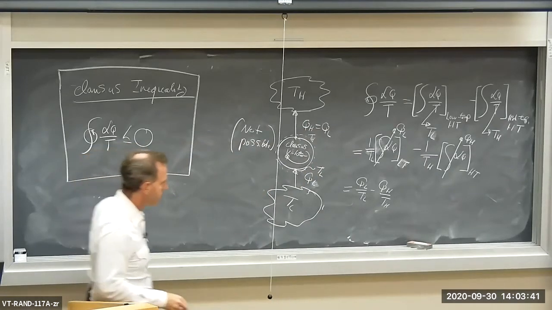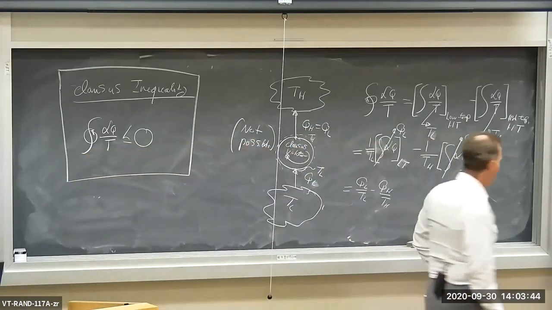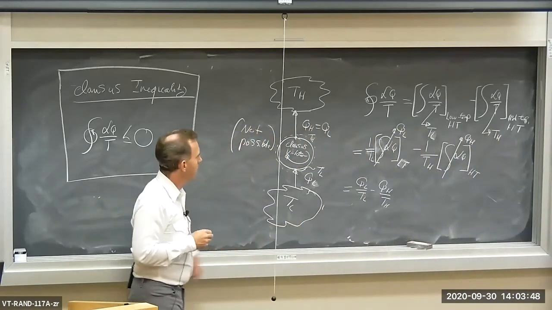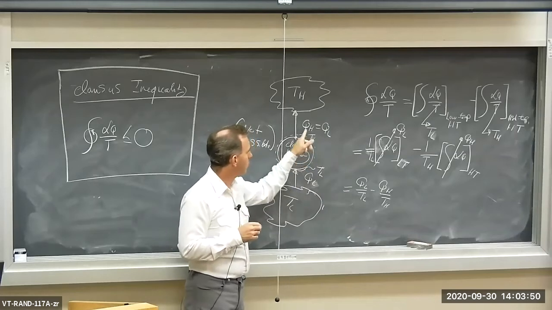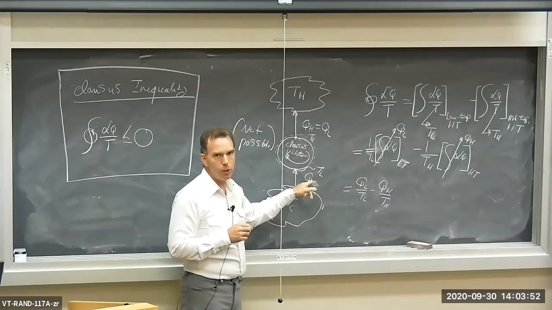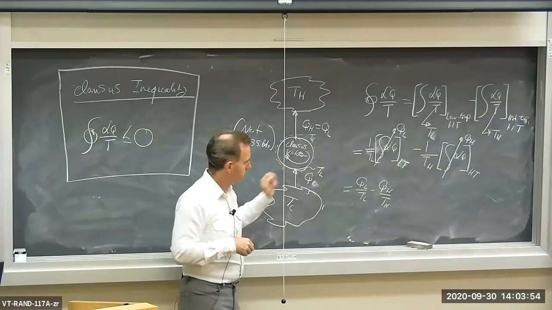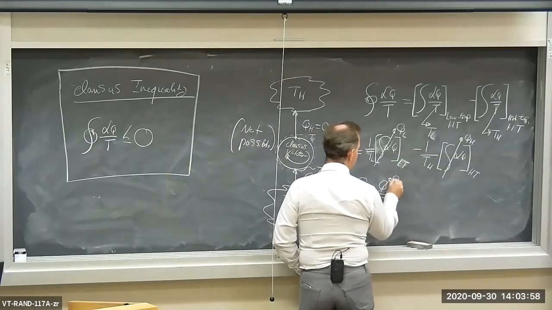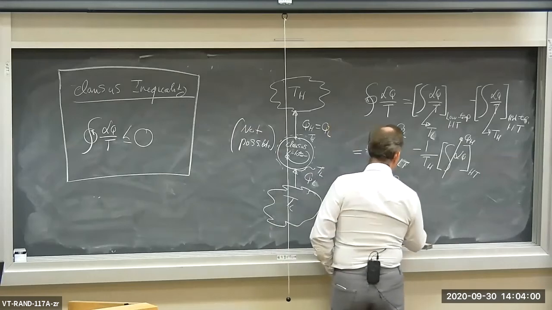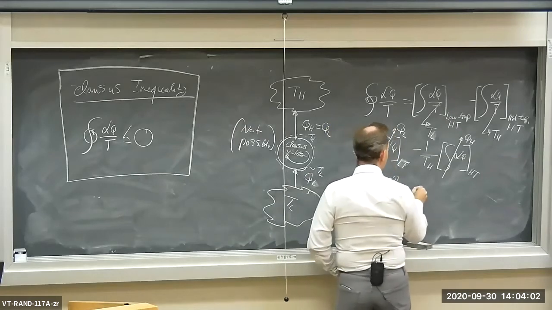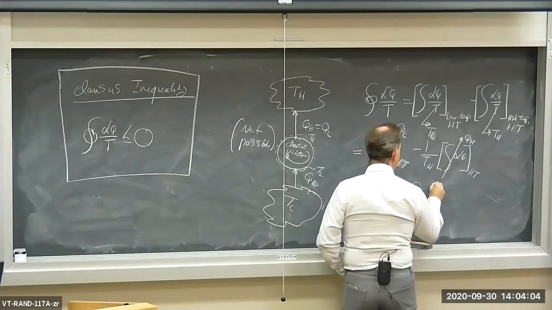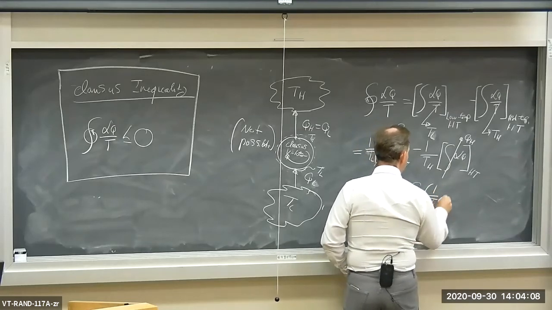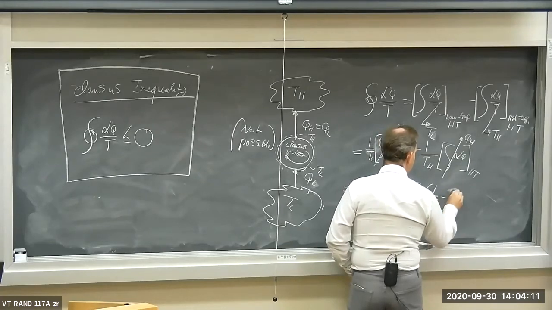Now, if you apply an energy balance to this Clausius violator, there's no work going on, so QH has got to be equal to QL. So let me factor out QL and write what I have left over: 1 over TL minus 1 over TH.